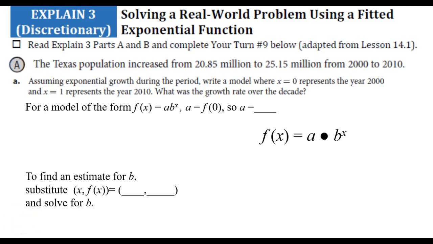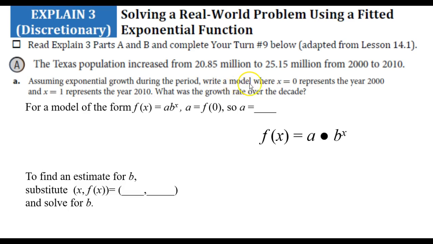All right, explain 3. We're going to go on to solving a real-world problem using a fitted exponential function. So here they say that the Texas population increased from 20.85 million to about 25.15 million from the year 2000 to 2010. So, assuming an exponential growth, because it did grow, right?